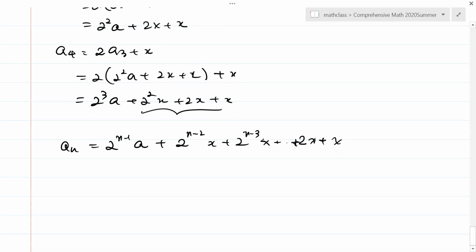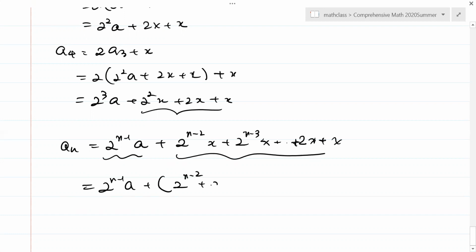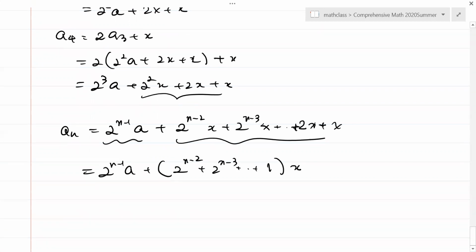Now what? Well, I think I don't need to worry about that. How about those terms? We have a common factor here, right? You take an x out. So inside parentheses is a geometric series, right?